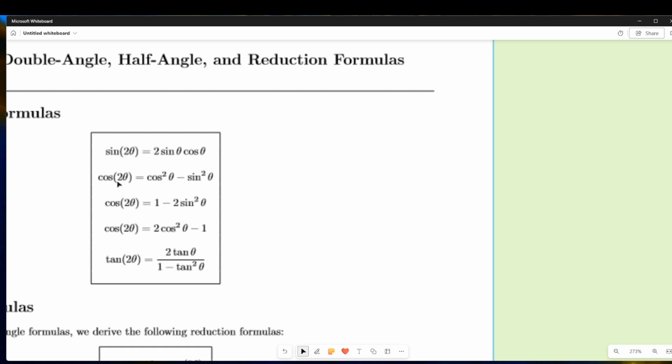The reason there are a bunch of variations of cosine of 2 alpha, the double angle formula for cosine, is just because, notice both of these have squared trigonometric functions, which means they can be manipulated with the Pythagorean identities. So if you change this cosine squared out with 1 minus sine squared, then you're going to have 2 sine squareds there.